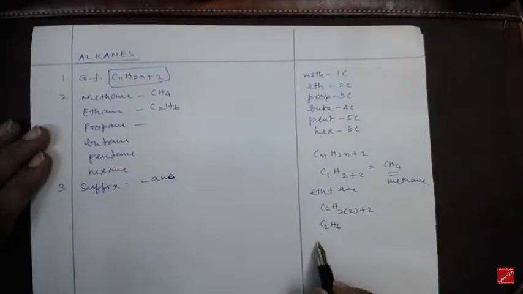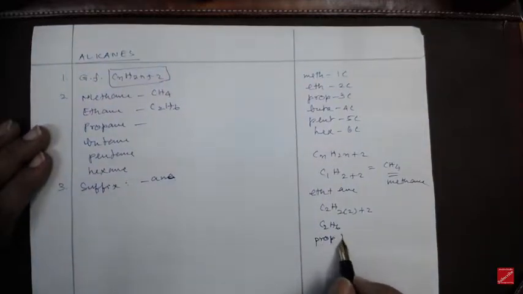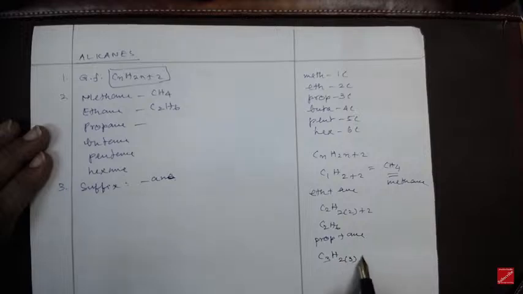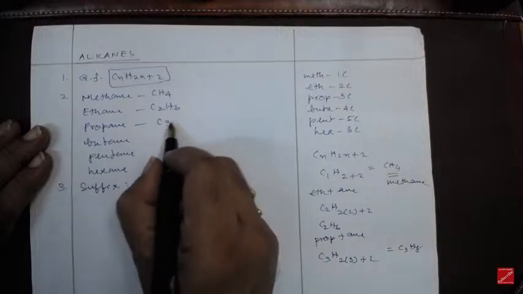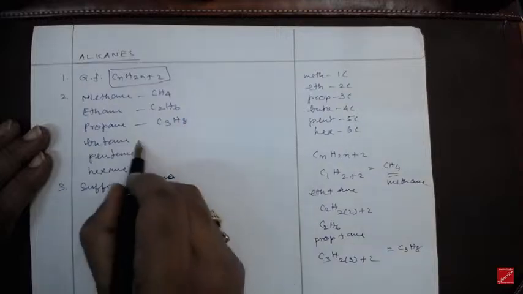Propane, what is the formula? That is prop plus ane. So you have C3H2 into 3 plus 2, that is C3H8. So C3H8 is the propane formula.